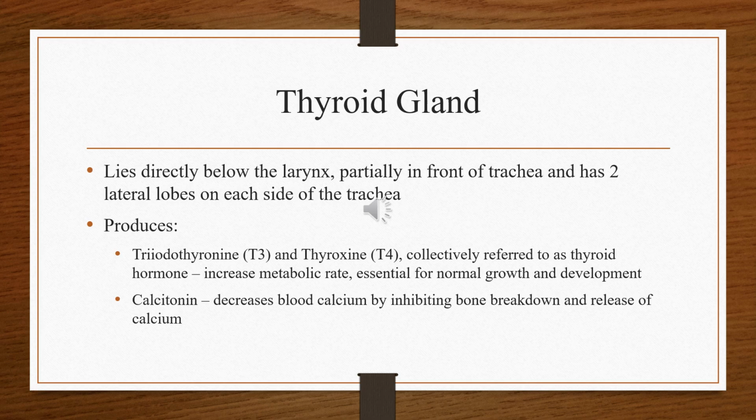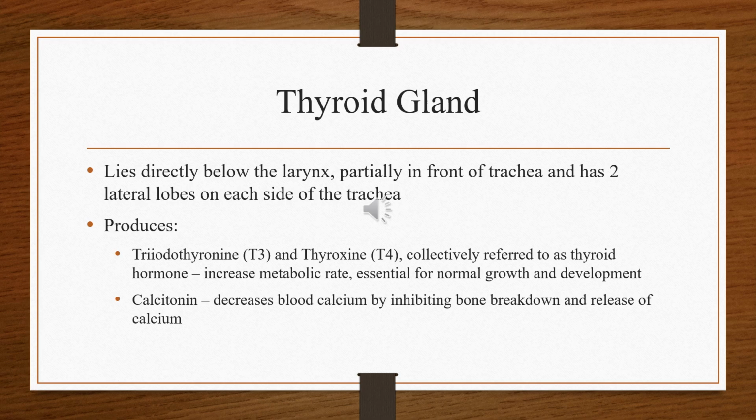The thyroid gland is directly below the larynx and partially in front of the trachea. It has 2 lateral lobes, one on either side of the trachea, with a narrow tissue bridge called the isthmus. That's what gives it the butterfly shape.